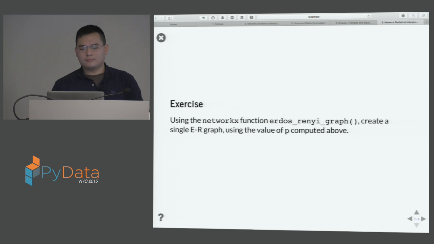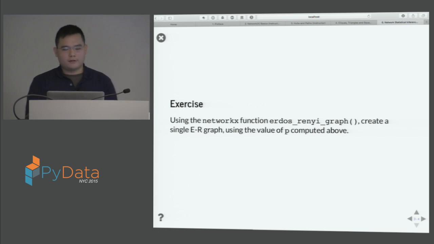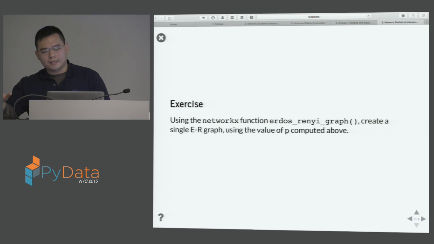All right, so going forth, the next thing I want you to do is to use the networkx function Erdos-Renyi graph to create a single ER graph using your computed value of p hat. If you imported networkx as nx, you would do nx.erdos_renyi_graph.